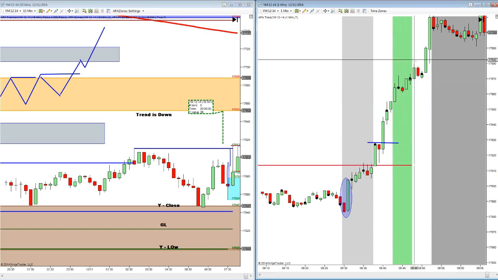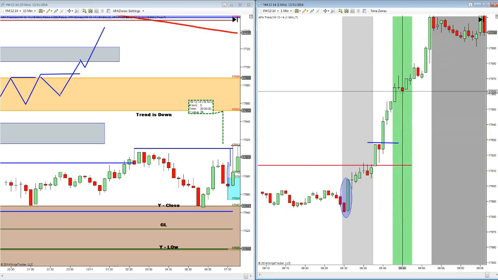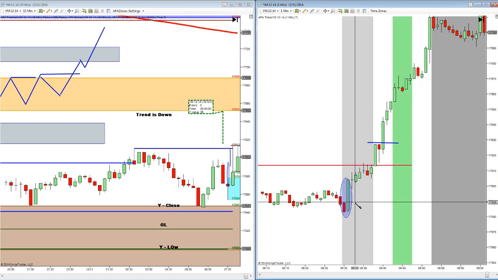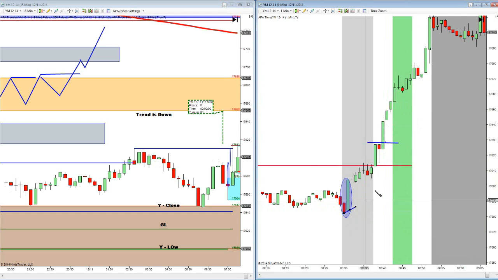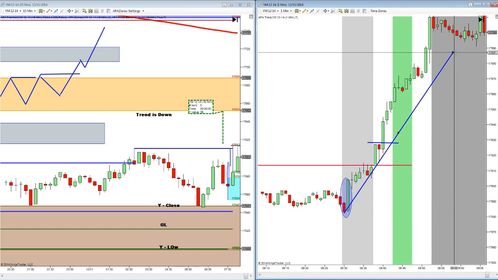First 15 minutes is highlighted by this little green spot from the APA time indicator. This is a really pathetic pullback. It doesn't give you much space to get on board. So looking at how strong this move has been from the open all the way up here, this is a microtrend to me.